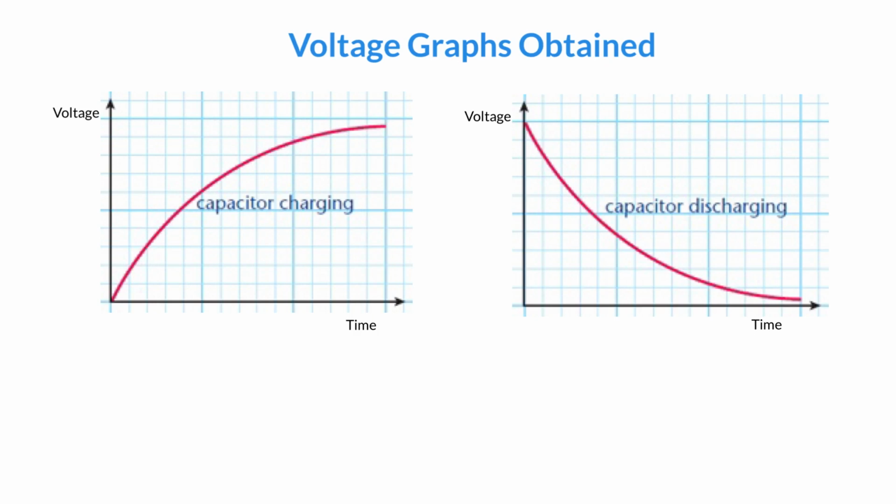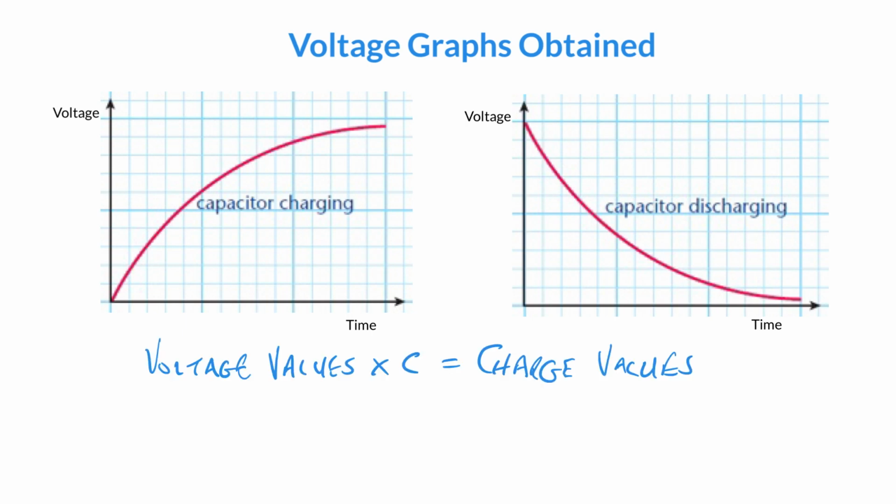Now, if you wanted to plot the charge on the capacitor, these voltage graphs are easily converted into charge graphs because Q, the charge, equals CV. So if you took your voltage values from the previous example and multiplied those values by the capacitor value, you can get a set of Q values.